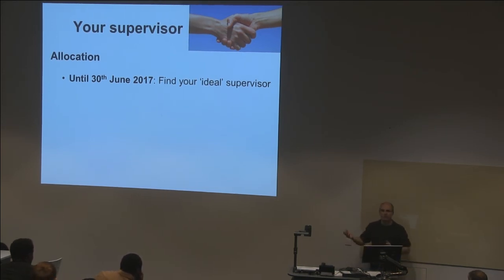If the supervisor believes it's a suitable project and that they're interested to work with you on that project, together you send me an email saying, I've spoken with that academic, they are happy to supervise me for that year, and you are allocated to that academic. So you get your ideal supervisor, the person you want to work with. Okay? If the academic wants you, no problem, you will be allocated to that academic.